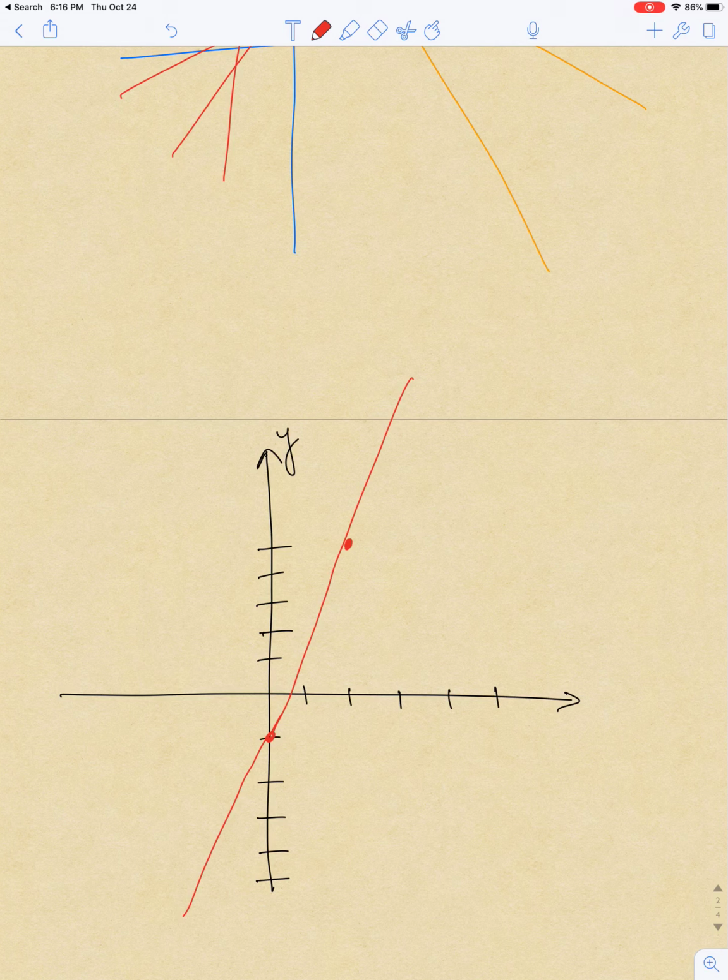So this point is x is 0 and y is -1, and this point x is 2 and y is 5. What is the slope of this line? Well, actually, slope is simply equal to rise over run.